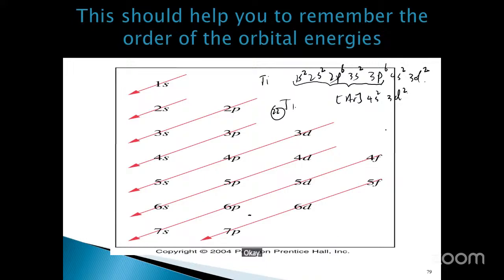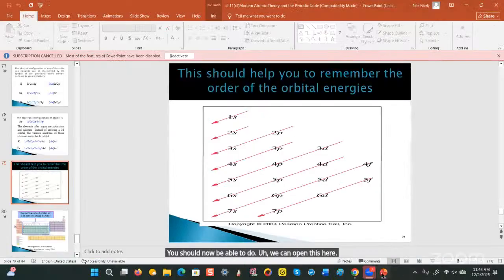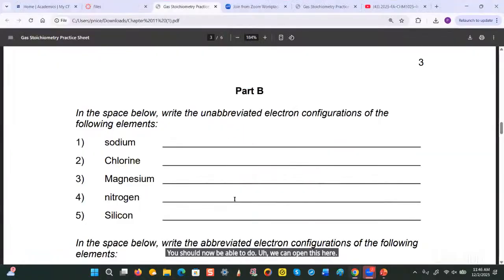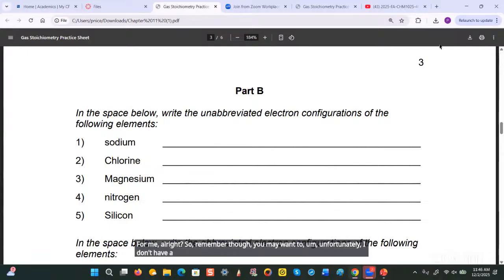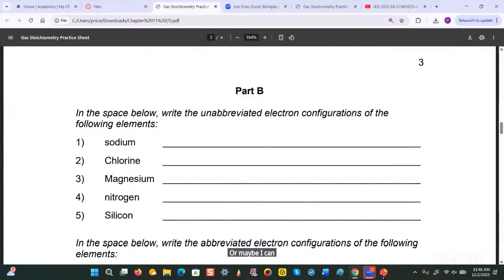Okay, so based on what we have just covered, you should now be able to do Part B, all right? So remember now, unfortunately, I don't have a split screen, or maybe I can, hold on, see.